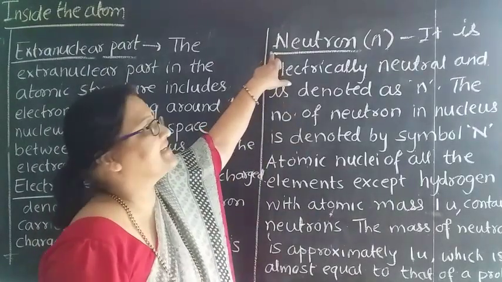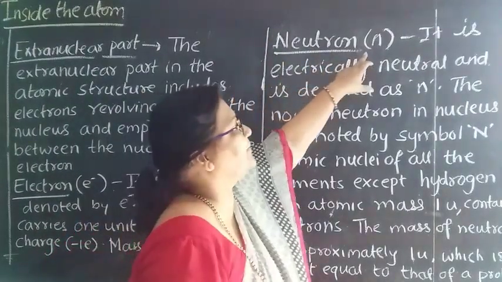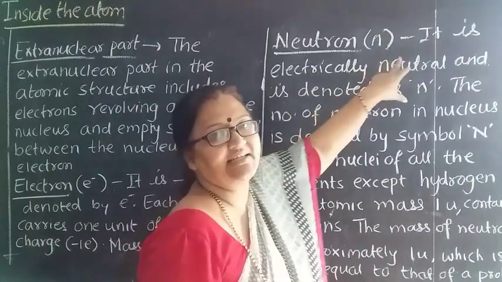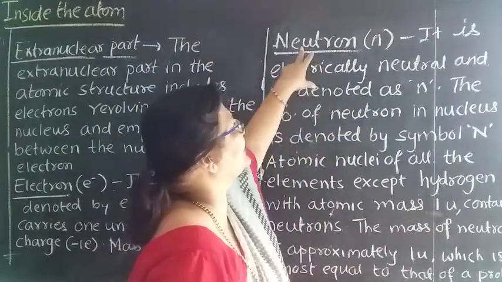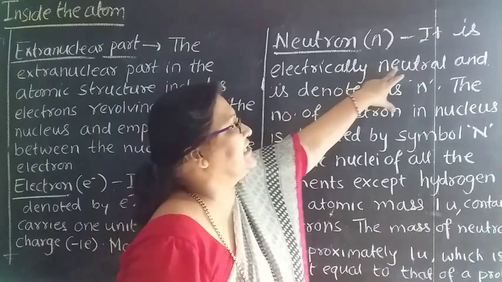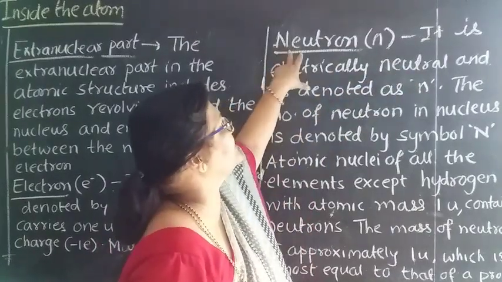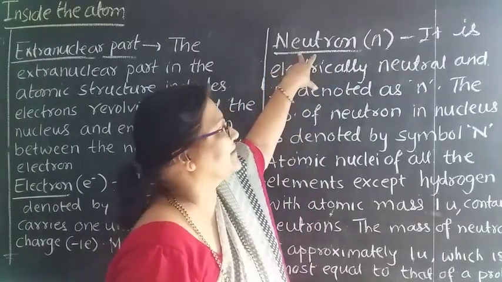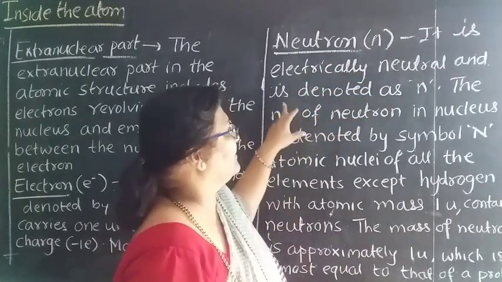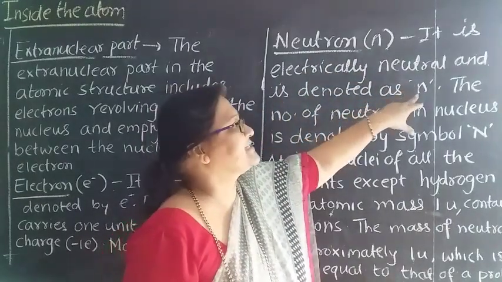The next part is the neutron, which is denoted by N. It is electrically neutral, therefore we call it a neutron. N-E-U-T, the same word as neutral, and it is denoted by small n.